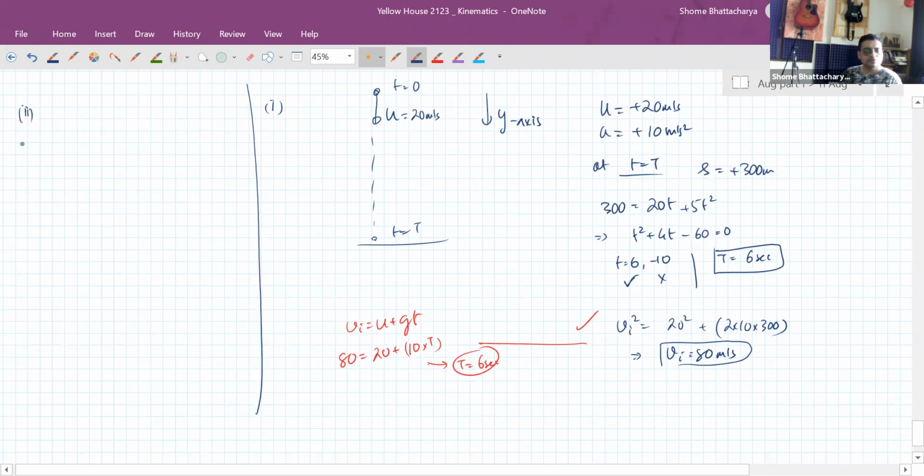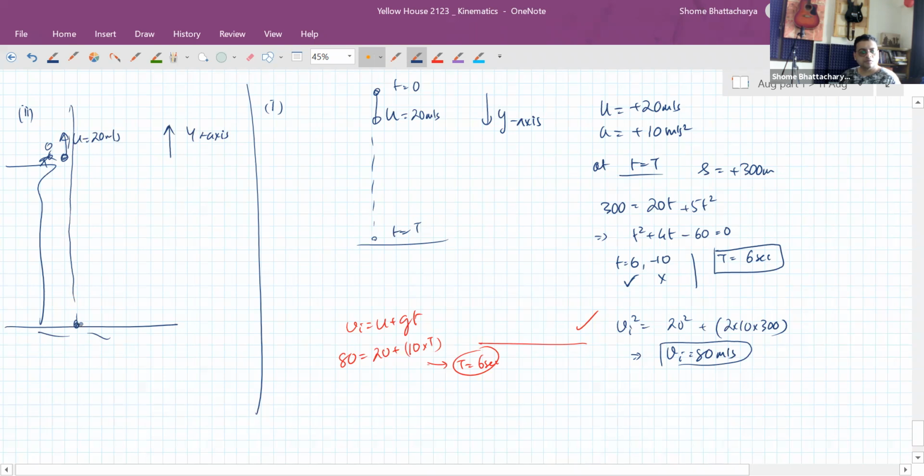So second case, what you do is, since you are throwing the object up, you can take the upward direction as your axis. Take y-axis upwards. So you take u as plus 20, acceleration as minus 10 meters per second square.